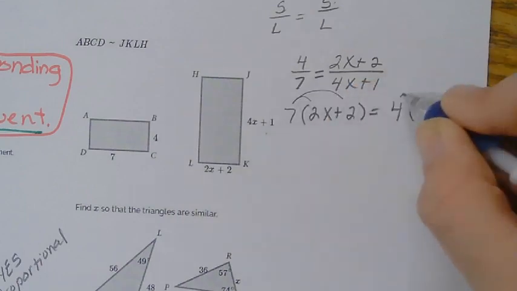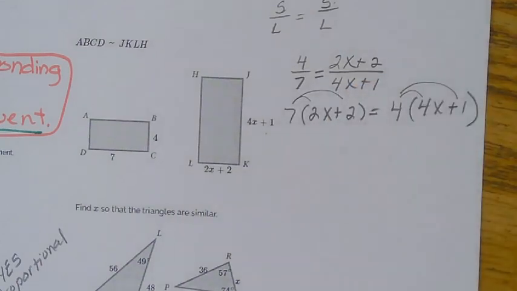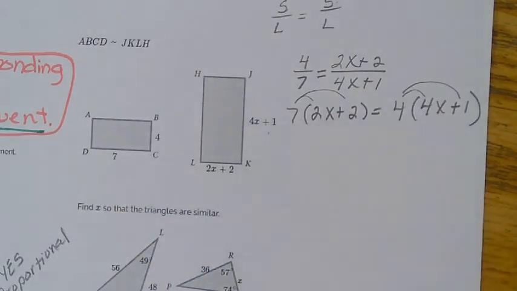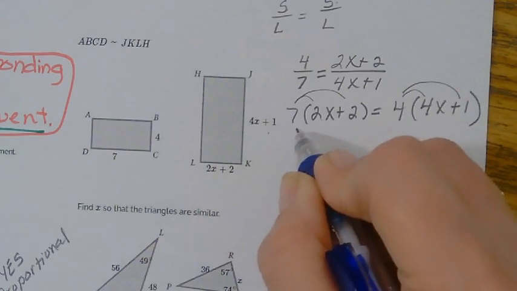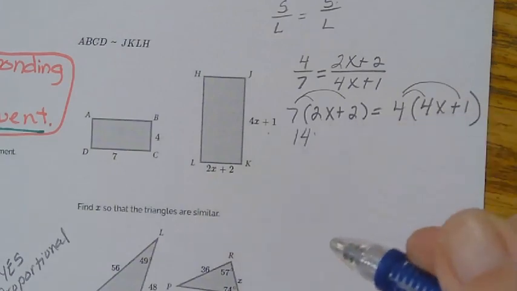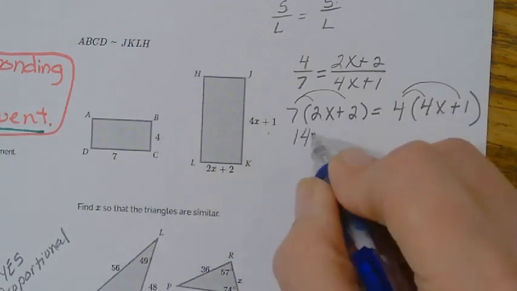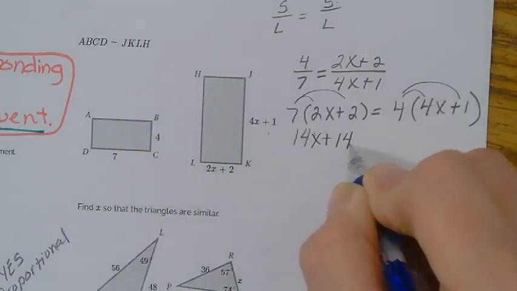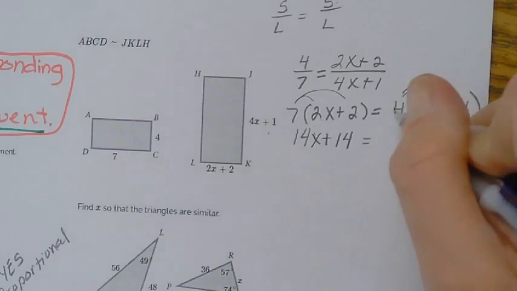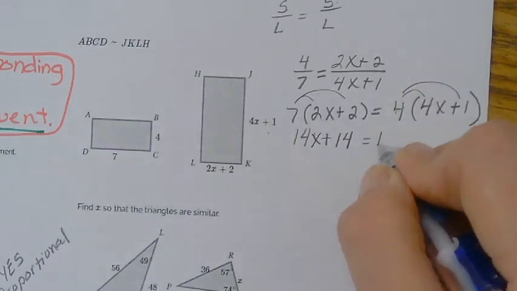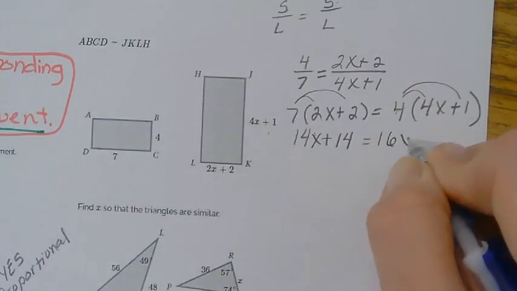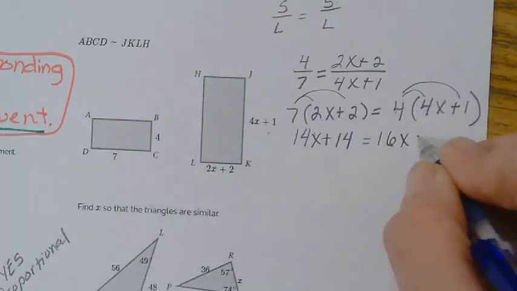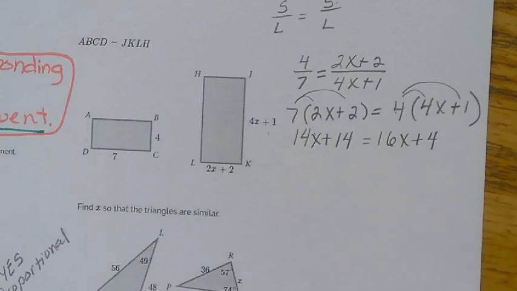Let's distribute. Seven times 2x is 14x. 7 times 2 is 14. 4 times 4x is 16x. And then 4 times 1 is 4.